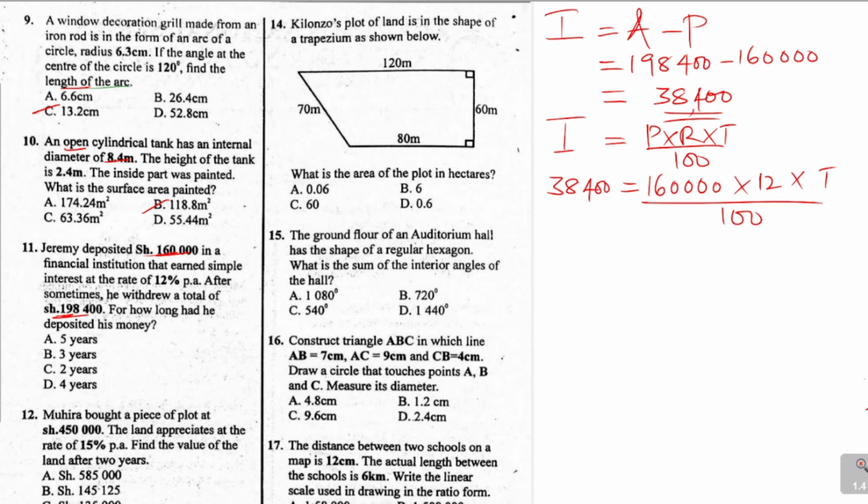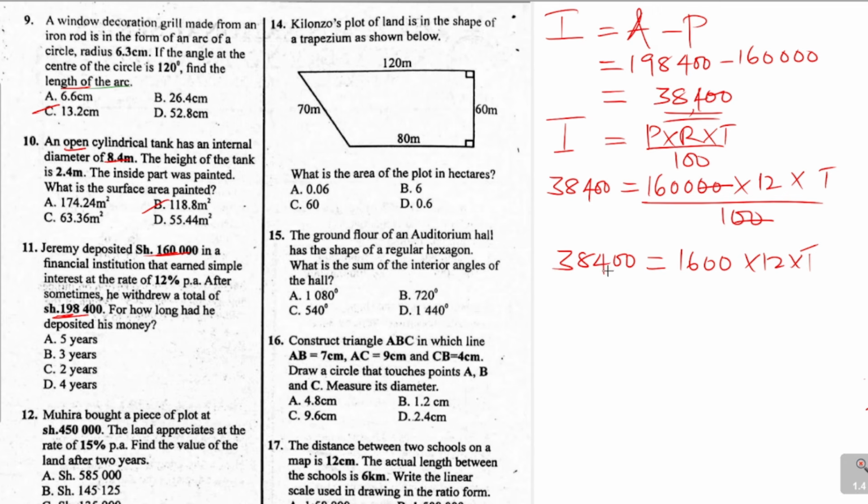So we are looking for time, so we make t the subject of the formula. You can start by dividing these two zeros here. You get 38,400 is equal to, this will be 1600 times 12 times t, like that.